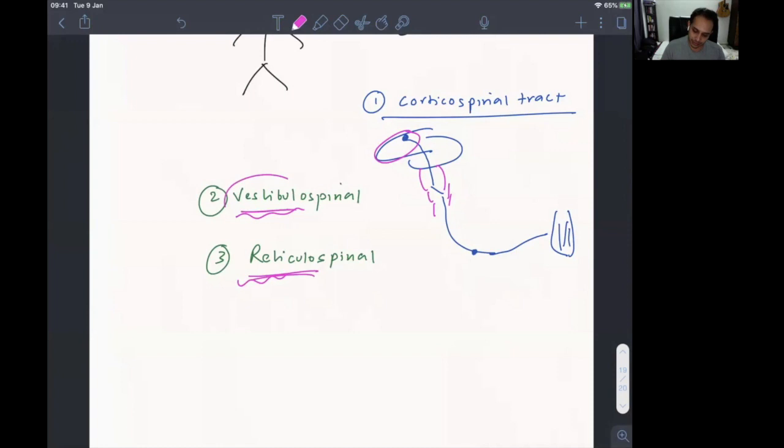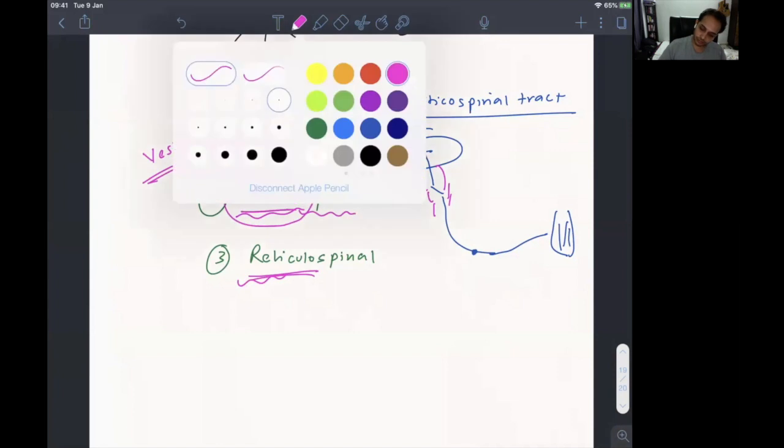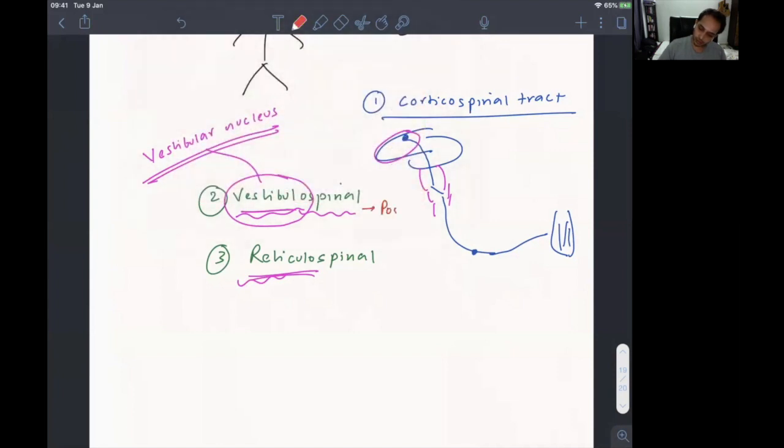So vestibulo means it is arising from the vestibular nucleus. And the main function of the vestibular nucleus, like I said, is to maintain balance. So the vestibulospinal tract is primarily involved in maintaining posture. So the vestibulospinal tract is more important for standing than walking.